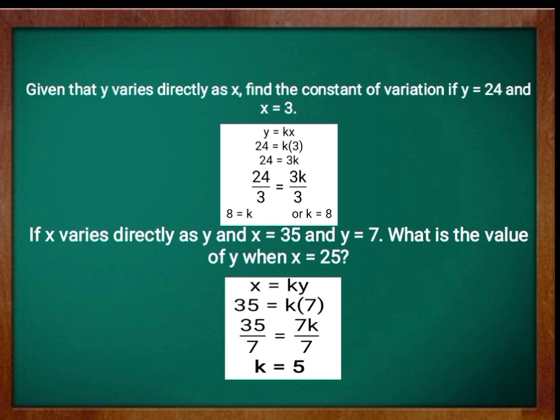So divide both sides: 35 over 7 is equal to 7k over 7. Then cancel the 7 over 7, and then k na lang yung maiiwan, which is our answer: k is equal to 5. Now let's move on.